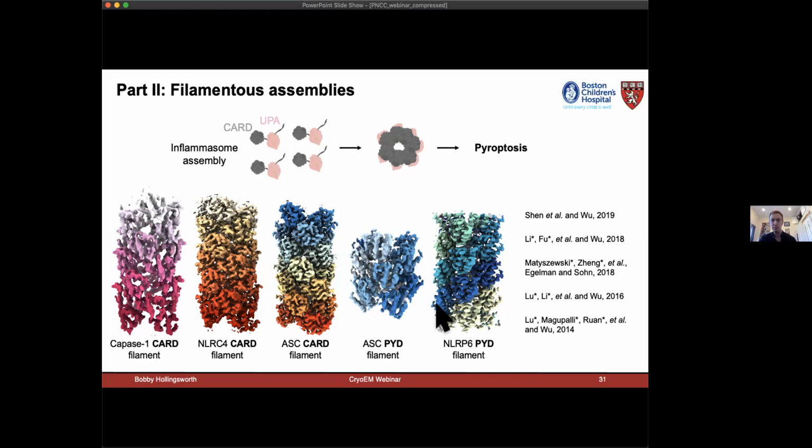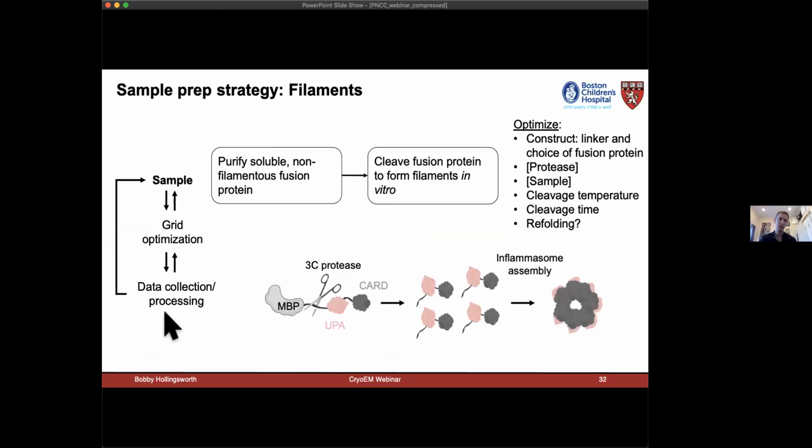And so this process has been well studied by our lab and a number of others. However, we were interested in this case for NLRP1 and for CARD8 in that they contain this UPA domain that I described previously and wondered if it played an architectural role in the assembly of these inflammasomes. So to solve the structure of these filaments, we used a protein expression method that's a favorite in our lab for purifying filaments.